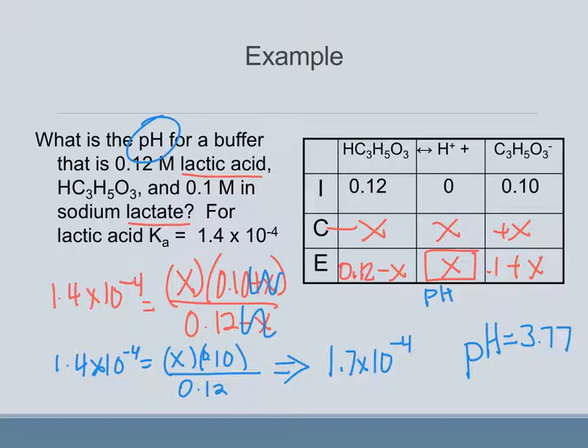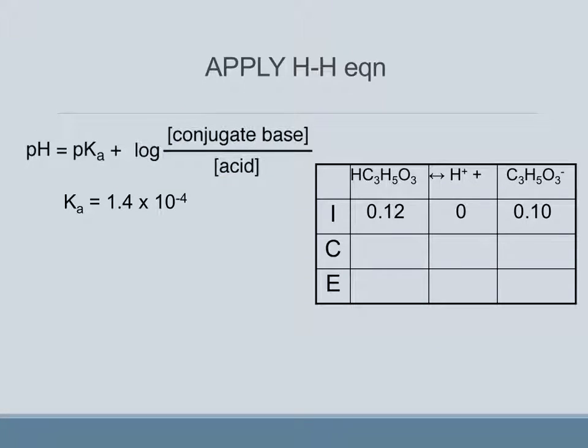On the next screen, we're going to look at how we can use the Henderson-Hasselbalch equation to make the steps a little bit easier. Here's the same problem again. We have 0.12 of the lactic acid and 0.10 of the lactate ion, and our Ka is listed here.